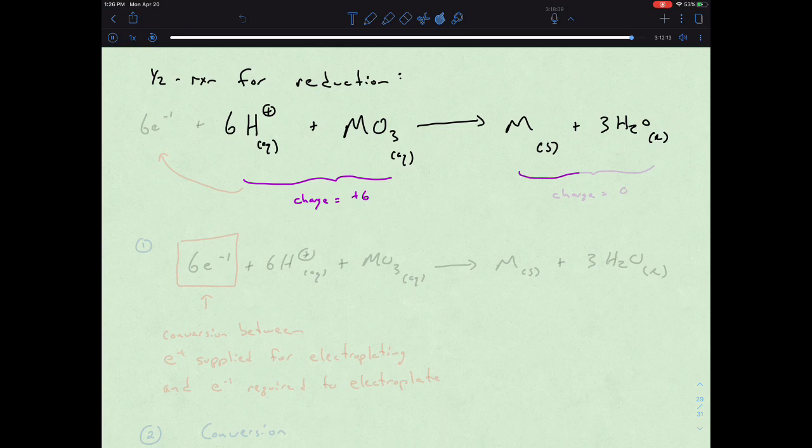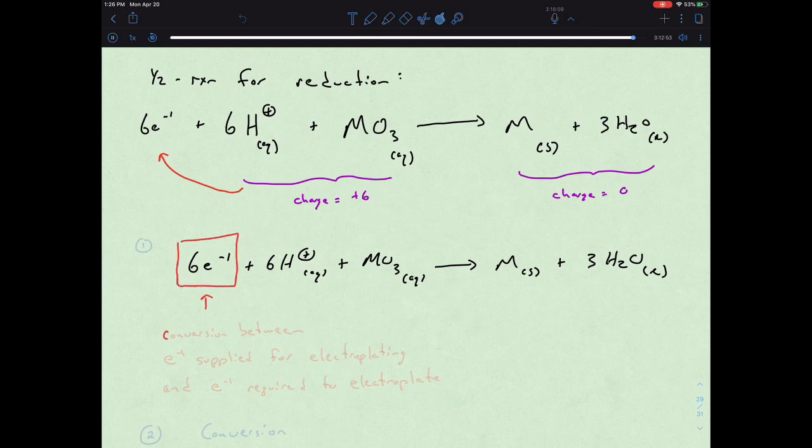Our charge on the starting material side is +6. Our charge on the product side is 0. So we need to add 6 electrons for that process of reduction. So our half reaction would be the 6 electrons plus the 6 protons plus the metal oxide that's producing the solid metal and 3 H2Os. So this is what is important.